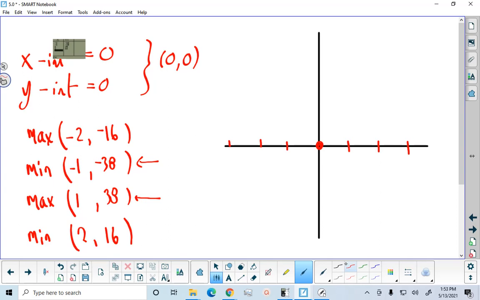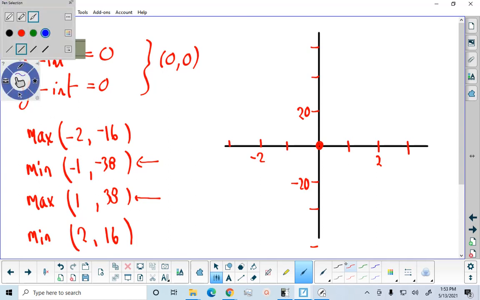So what I might suggest to you is 20, 40, 60. 20, 40, 60. So if you want to start labeling things, we can put a 2 here, we can put a -2 here, you can put a 20 here, a -20 there. But now I'm going to start plotting all of the points.